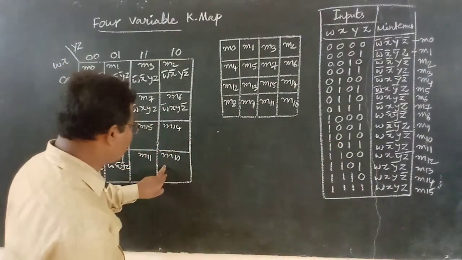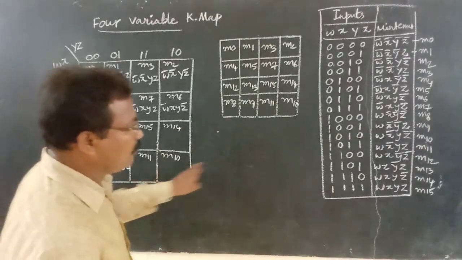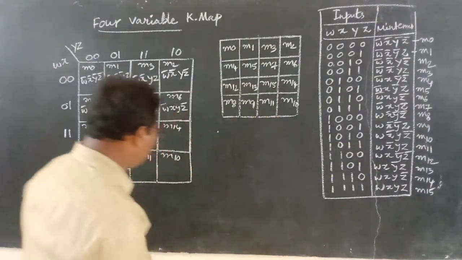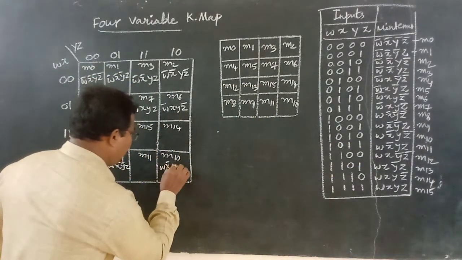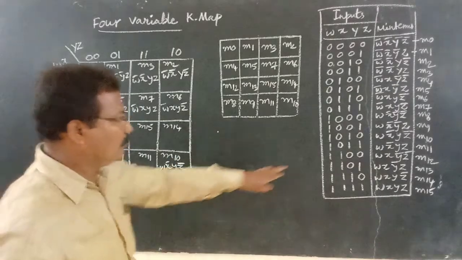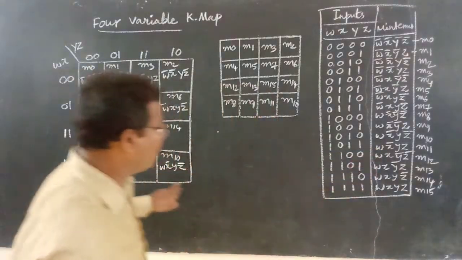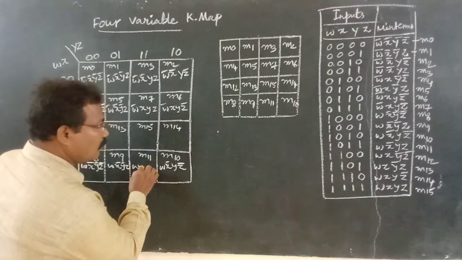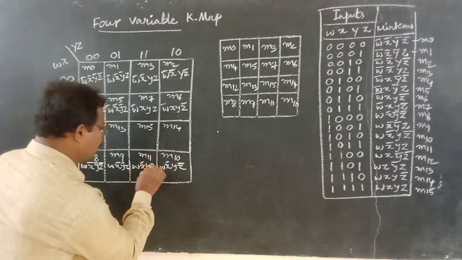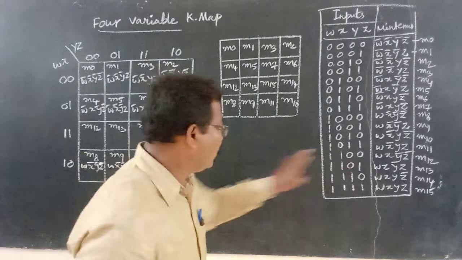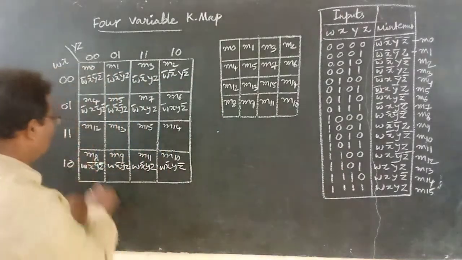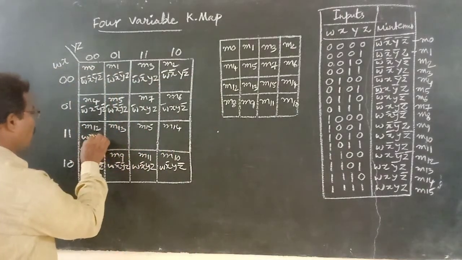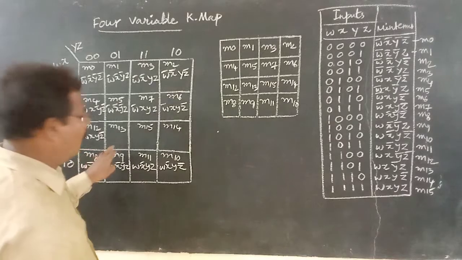The tenth minterm is specified here. What is the tenth minterm? W, X bar, Y, Z bar. The eleventh minterm, W, X bar, Y, Z. The twelfth minterm is specified here, W, X, Y bar, Z bar.